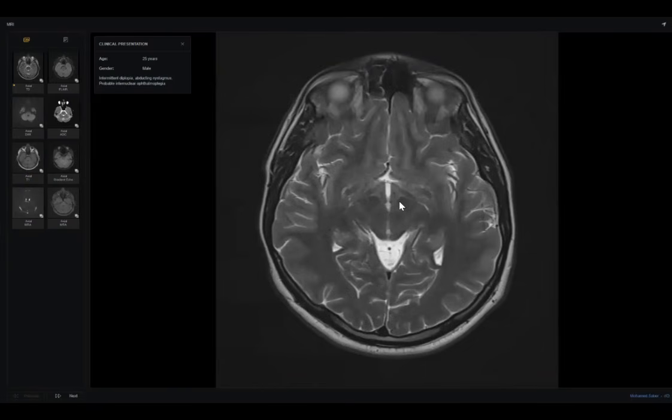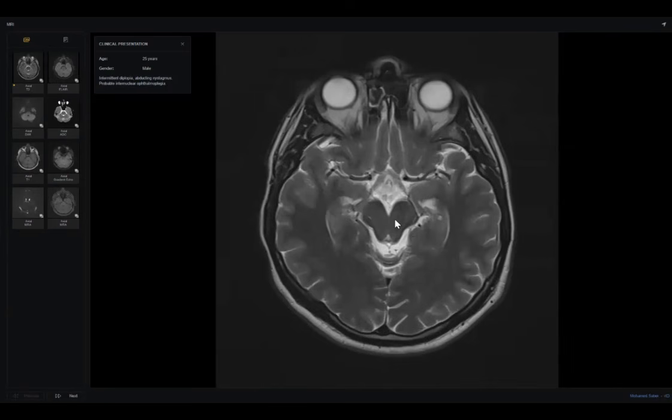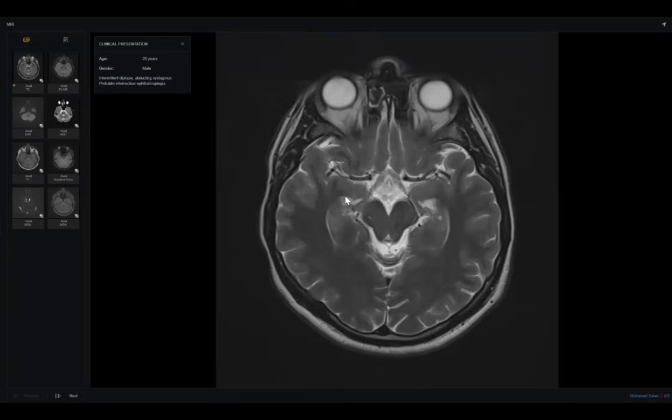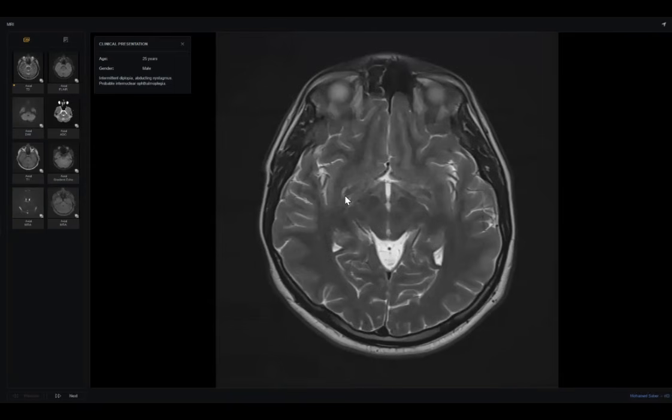Can I review other orthogonal planes? Yes, sure. All are axial, but there are MRA, gradient, and diffusion images. Okay.